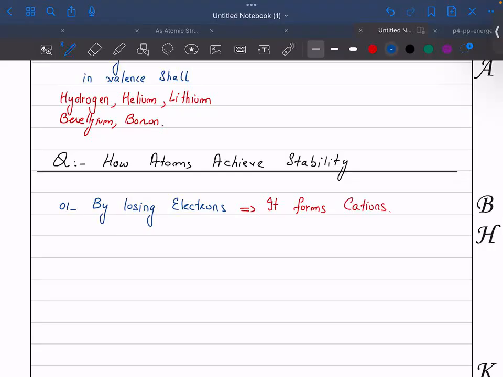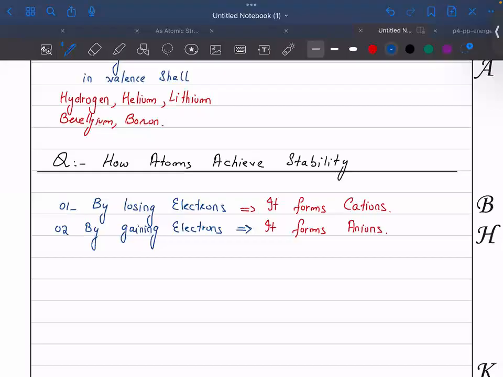Similarly, atoms also achieve stability by gaining electrons. Like all non-metallic elements, atoms of non-metallic elements gain electrons. और उन पे चार्ज क्या आ जाता है, नेगेटिवली चार्ज हो जाते हैं ना, वो एनाइन बना लेते हैं. So they form anions.